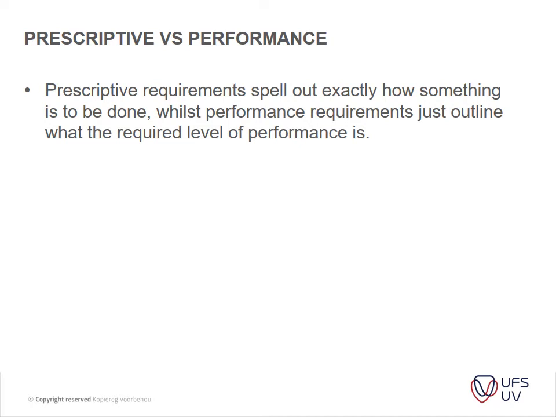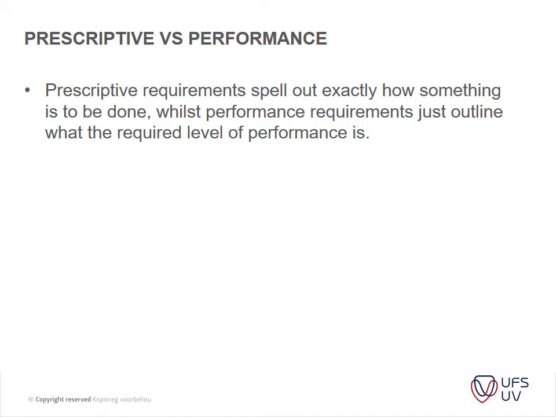That would be a performance requirement, whereas prescriptive requirements would spell out more. It should be this make of solar panels. It should have this performance, and it's much more specific to the installation.